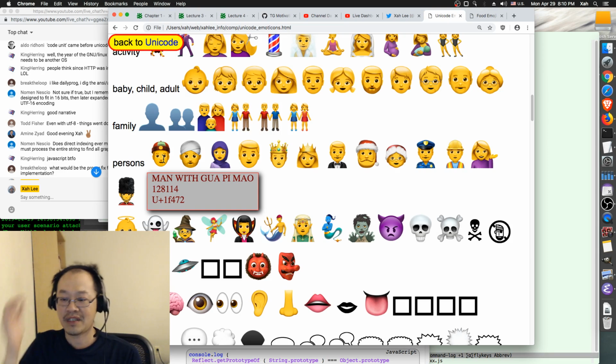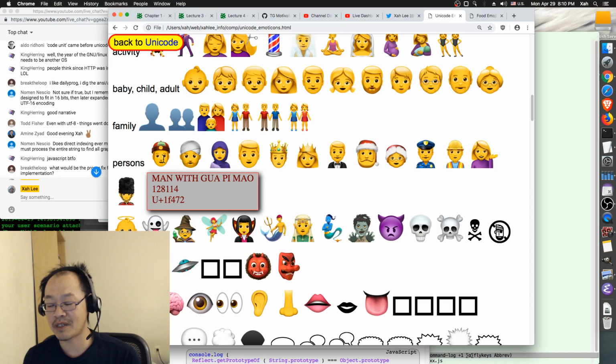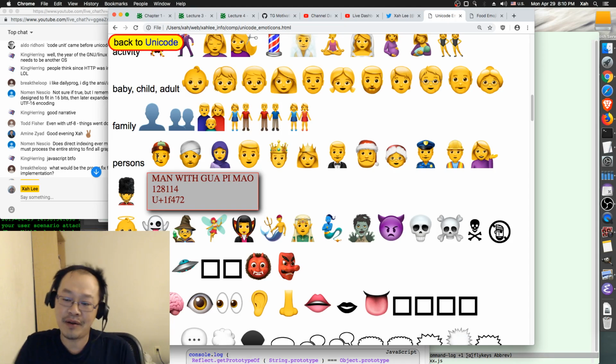You have this hat. But Japan had a war with China. So anyway, in Asia we don't care much about, I mean, anyway, the Japanese created this emoji on their phone, so they did that.